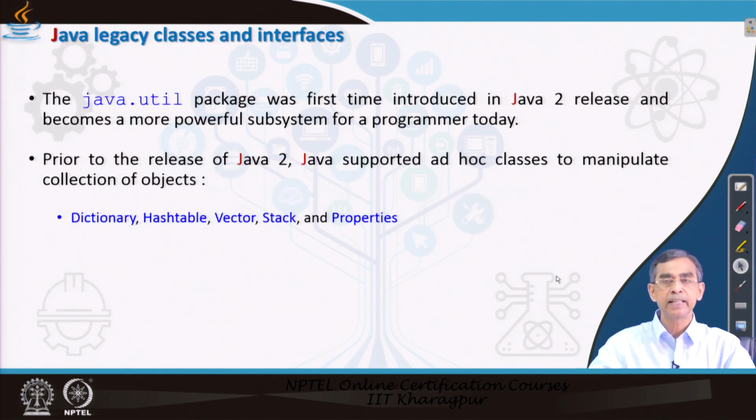Now, let us come to the Java legacy classes. As I told you, Java legacy classes are still in use, but from the Java 2 release onwards they have been deprecated. They are again defined in the java.util package, and these are the few classes that are still in use. This is the overall concept of the different classes that are part of the Java collection framework for managing data structures.